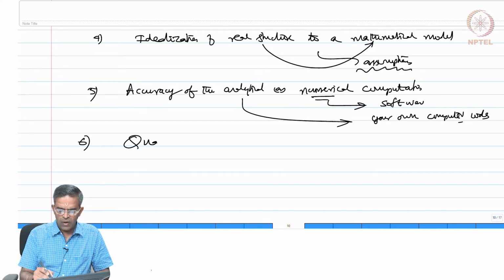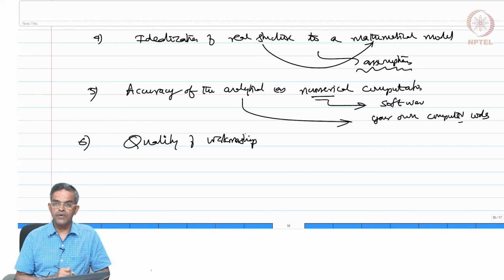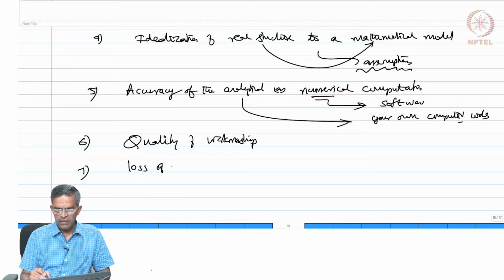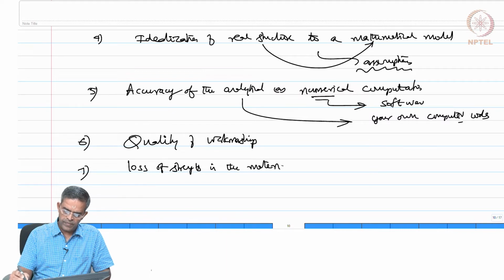Of course, as we all know, quality of workmanship can also lead to a high degree of uncertainty in certain class of constructions. Loss of strength in the material due to corrosion.